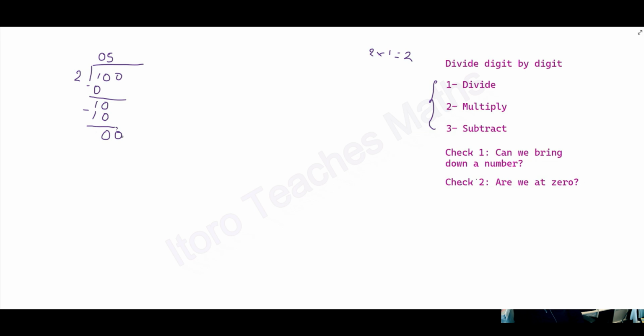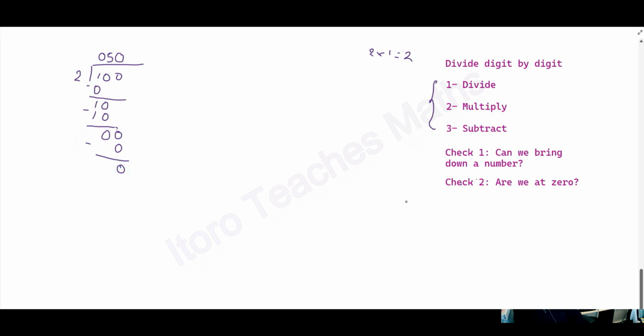So we write 0 here. Then 0 times 2 is 0, because 0 multiplied by anything is 0. So we put the 0 here. And then we do a subtract. 0 minus 0 is 0.